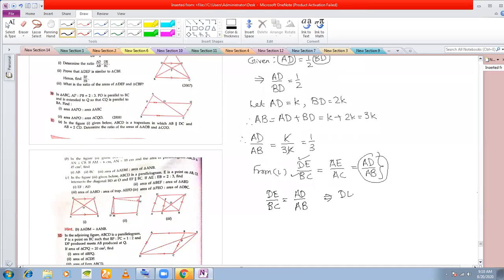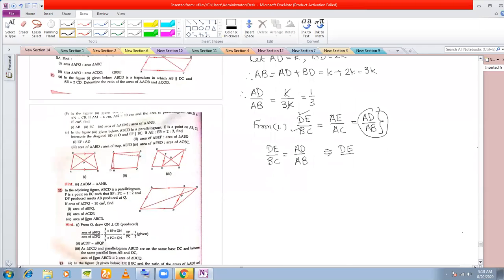So DE and BC is 4.5. AD by AB ratio we have found out to be 1 by 3. So therefore DE is 4.5 divided by 3, 1.5 centimeters.